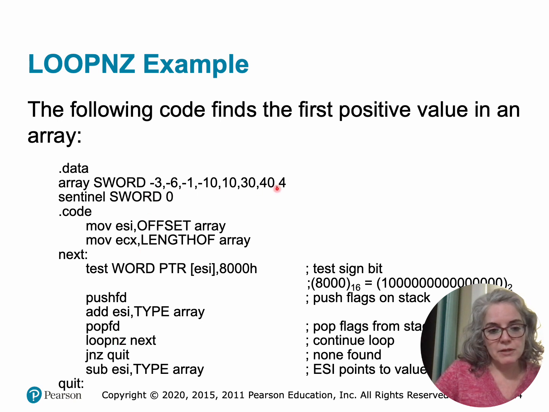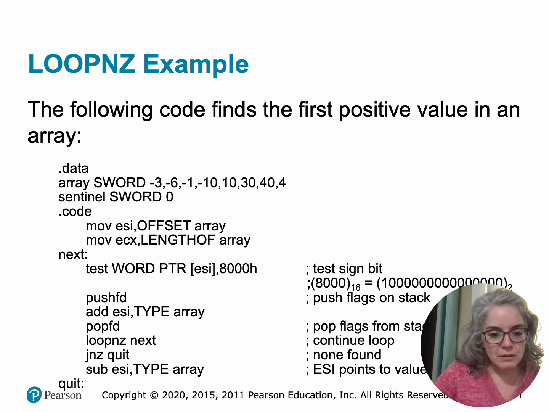We've got to go through all the elements. So we start here. We have a label called next, and we test the very first number. Remember, when you put ESI in brackets and say word ptr, it means give me the value that I'm pointing to by ESI. So it gives me the value of -3.